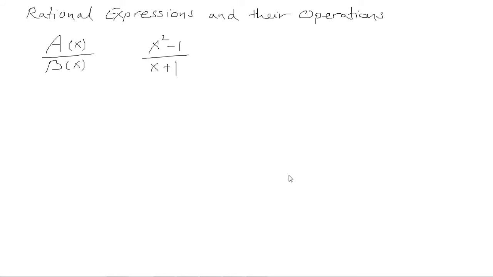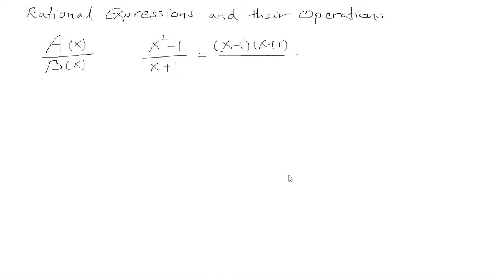So one of the operations that you should be able to perform is simplifying a rational expression. And when you're simplifying rational expressions, you're using factoring techniques. So for example, this rational expression here, if I want to simplify that, I can first factor the numerator. This is (x minus 1) times (x plus 1).